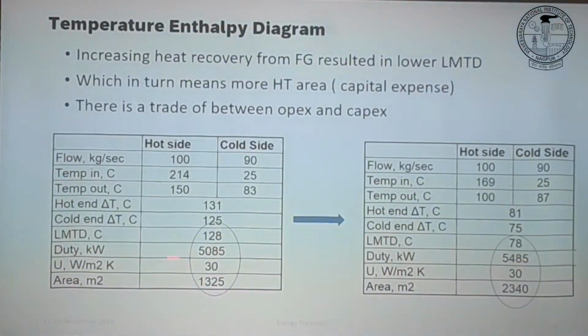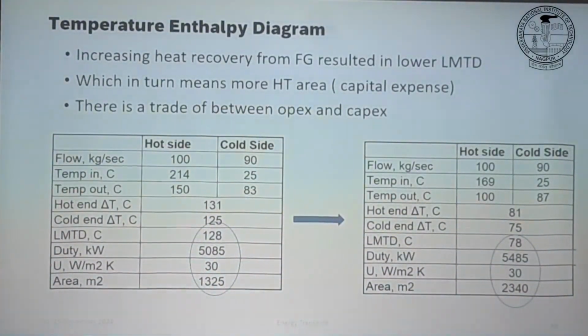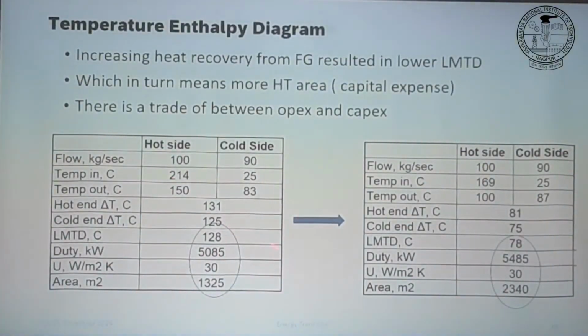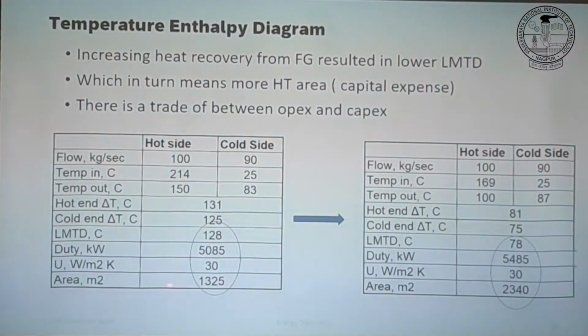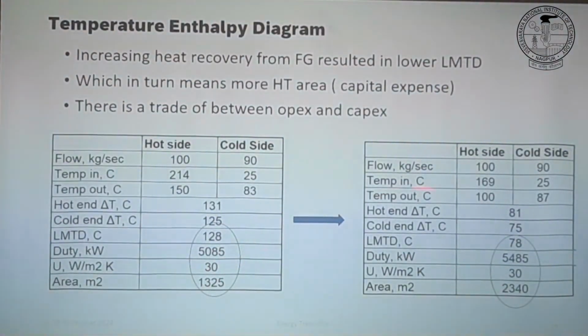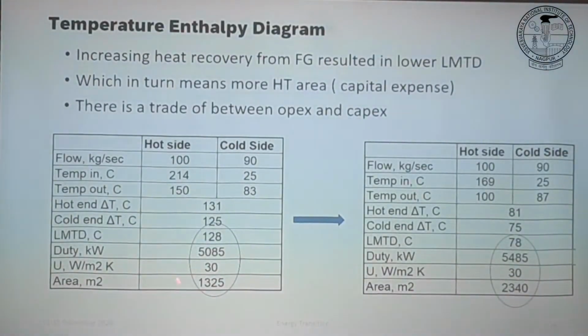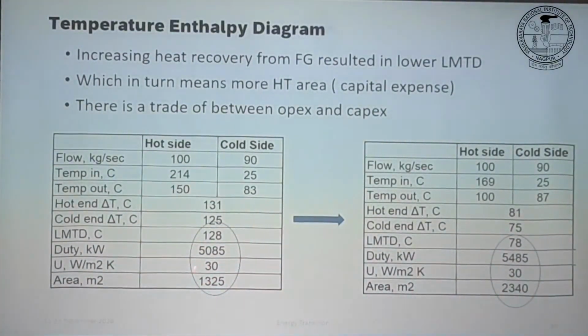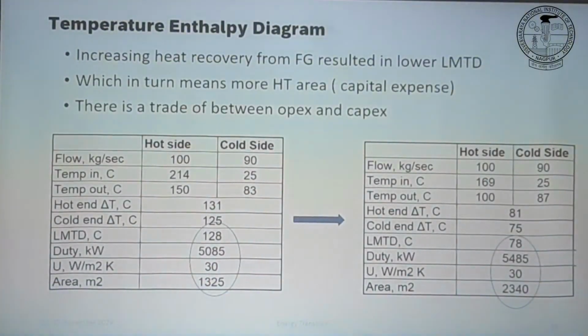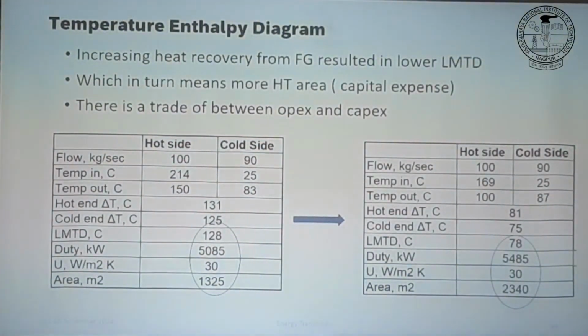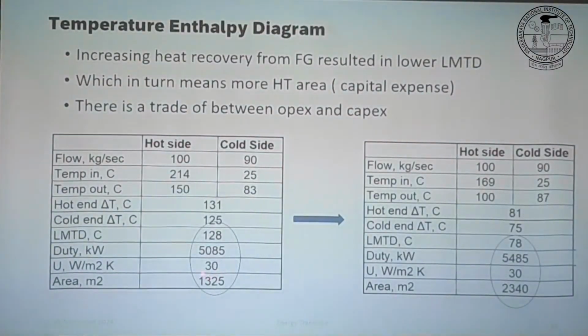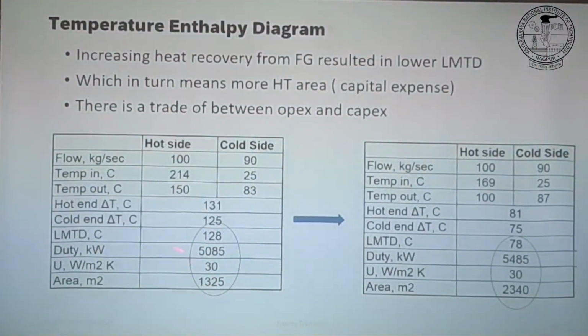But if we extend now our thermodynamics to engineering, as we said, it doesn't end at only the LMTD and the duty. But let's assume the overall heat transfer coefficient for those two cases are the same. The area required I can simply calculate based on Q is UA LMTD. Right? So Q we know, U we assumed, LMTD we calculated.